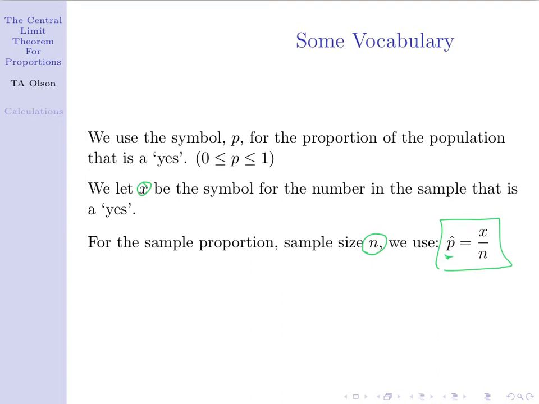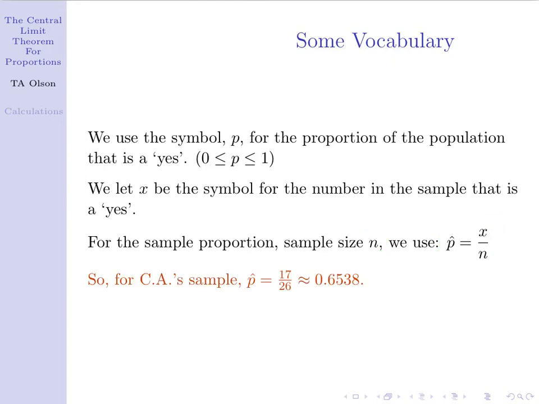Number of yeses over the total number in the sample. For example, for Chifaru, her P hat is going to be her 17 yeses over the 26 people she asks. So P hat for her is going to be 0.6538 or 65.38% if you prefer.